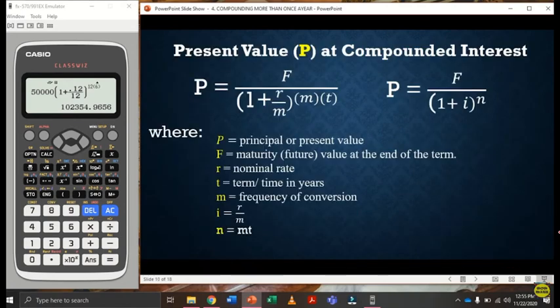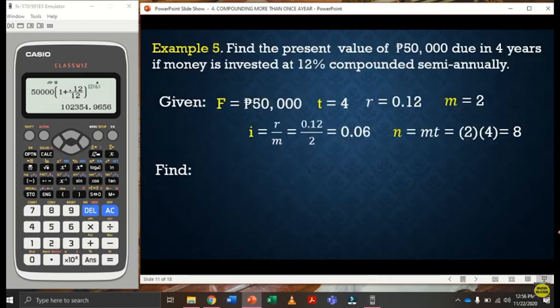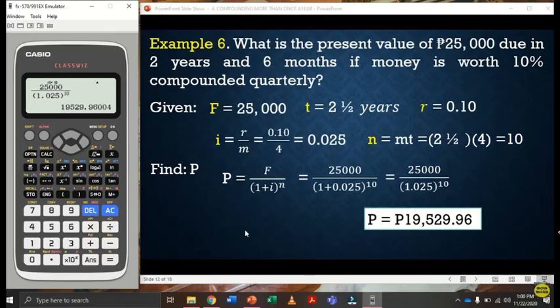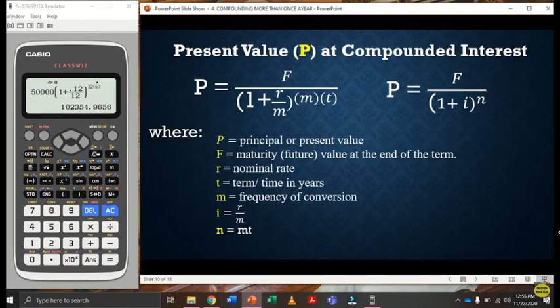Okay, so kaning present value at the compound interest, kuhaon na pud ang iyang principal. Pag principal na ang kuhaon, given ang future value, mao ni ang iyang formula.